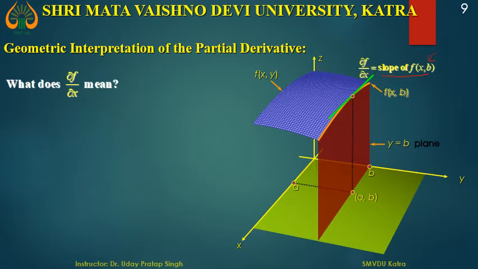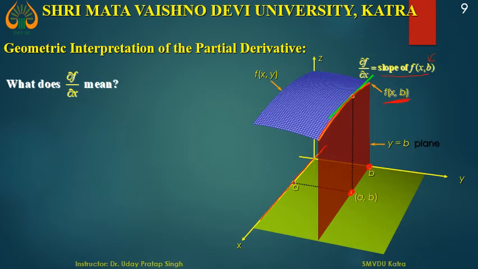What is f of x, b? Putting y equal to b, and x is a variable. X is any value on the x-axis, and y is always b. Then f of x, b is this curve that you are seeing with the orange line.